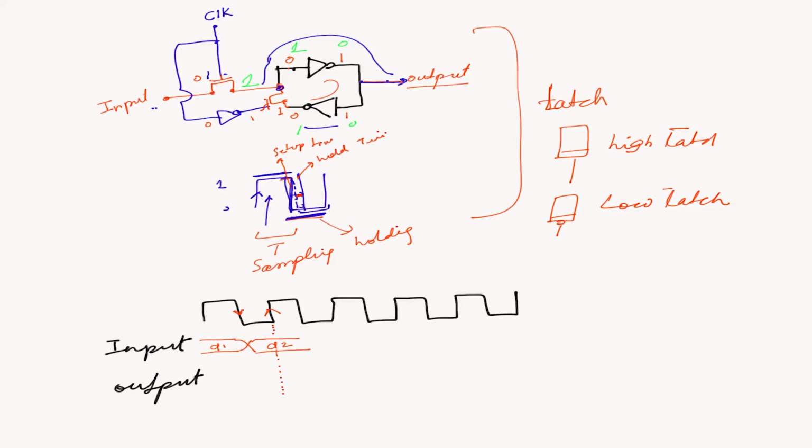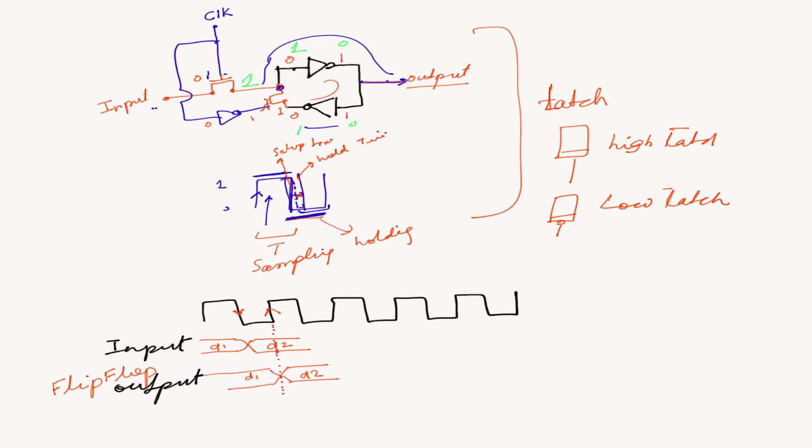After the positive edge passes, what value will the flip-flop have? D1 or D2? The correct answer is D2, because it really matters what the value of the input data was at that edge. Okay, that was D1.